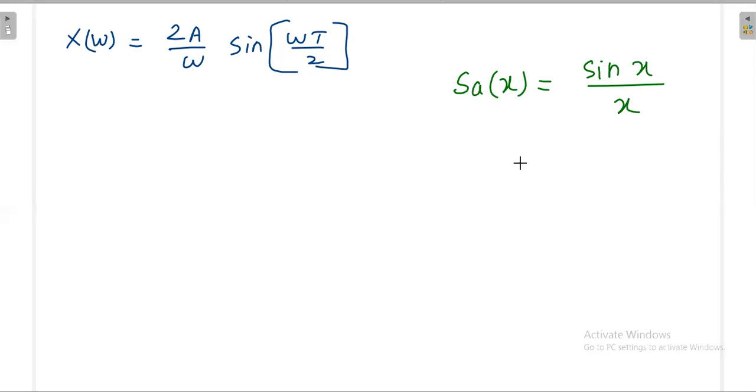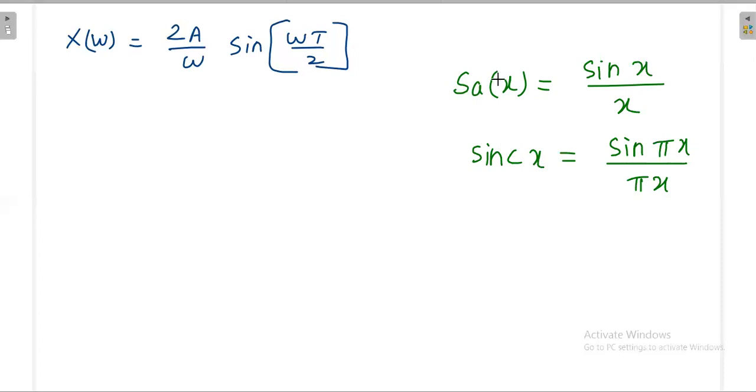Otherwise, if it is given as sinc x, then we write sine pi x divided by pi x. If SA of x is there, you simply write that variable. If sinc is there, along with that variable, you write pi. Sinc x is equal to sine pi x divided by pi x.